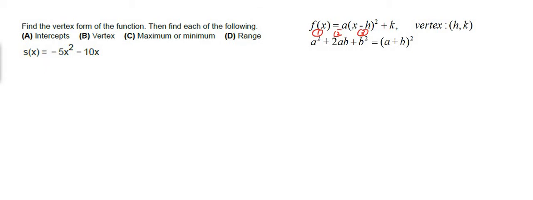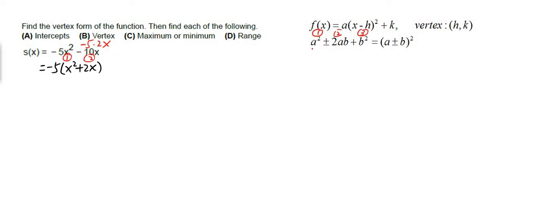Negative 10x can be written as negative 5 times 2x. So we factor out negative 5, we have x squared plus 2x. Now we're going to focus on these two terms, x squared and 2x, and compare them with the terms in the formula.